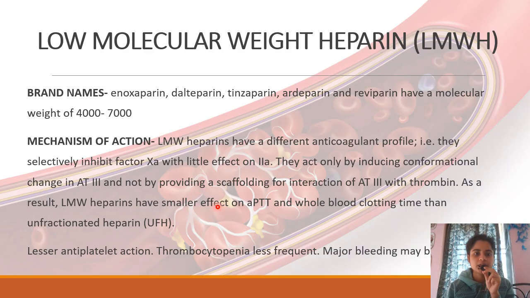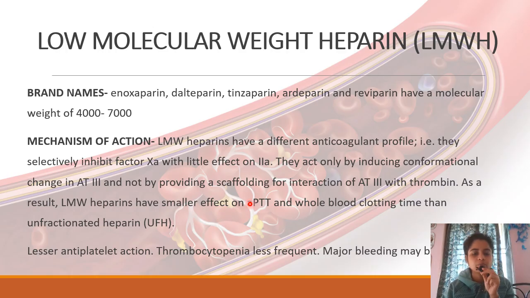Only factor 10A gets inhibited and little effect is there on 2A, because there is only a structural change in the antithrombin 3, which does not cause any kind of interactions with the thrombin. So therefore the anticoagulation effect is very smooth.